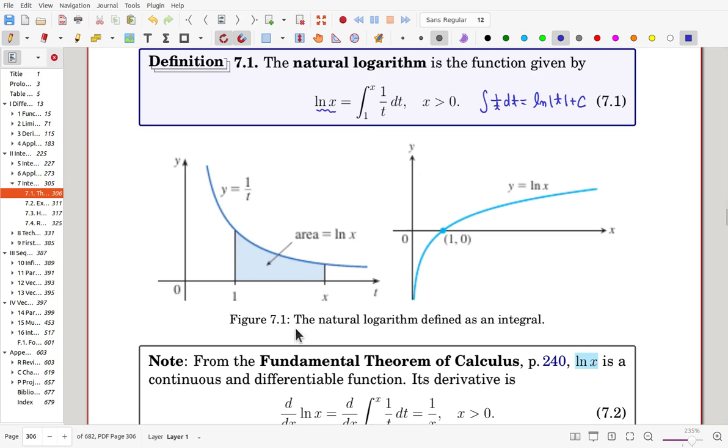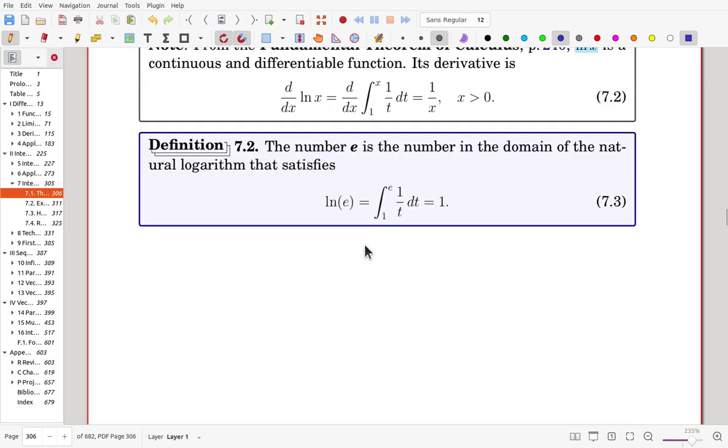That means that here, we are choosing e to be the number such that the area under the curve is 1. So in this case, the area is 1. We can get e in such a way, so we may consider it as another definition of e.